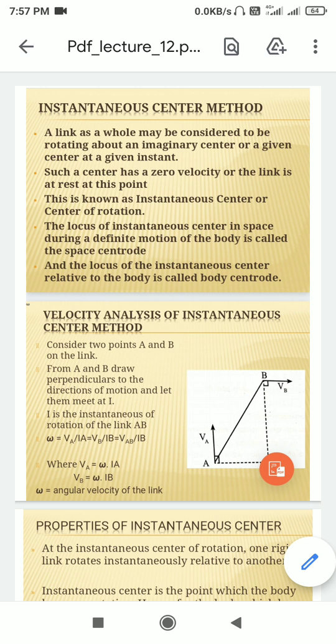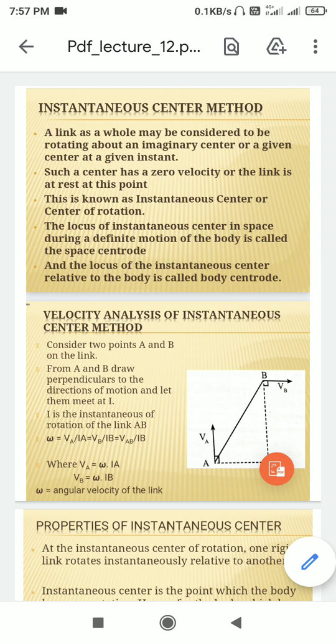Such a center has zero velocity, or the link is at rest at this point. That means in a mechanism or machine, when the elements are in oscillating or reciprocating motion, the entire link is assumed to be rotating about a fixed point. At that point, the velocity is assumed to be zero.